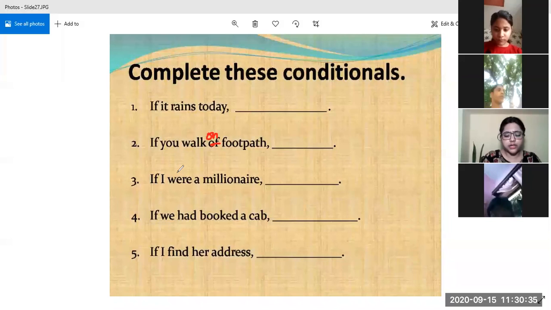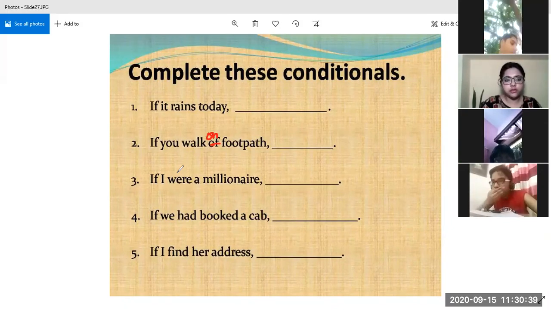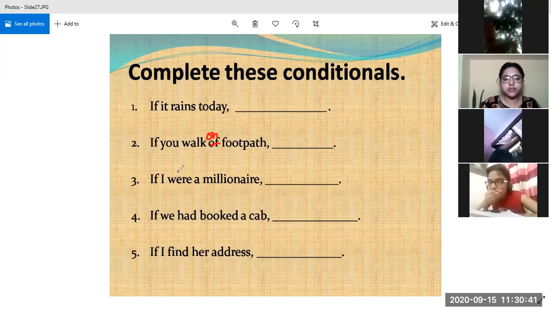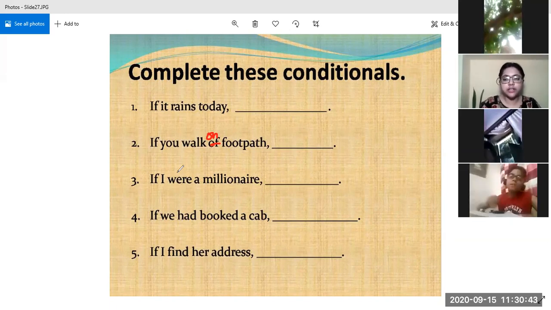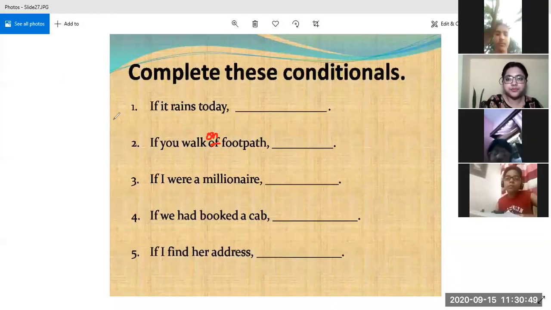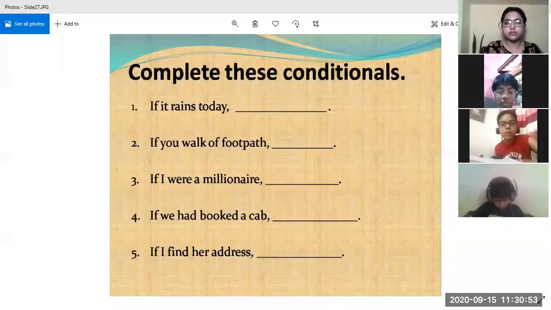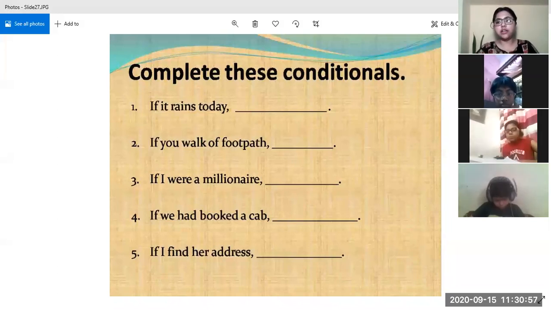I'll go to meet her, or I will send her an invitation. Whatever you write, your structure should be correct. Very well done, all of you. I hope you have understood all three kinds of conditional. Okay, thank you so much.